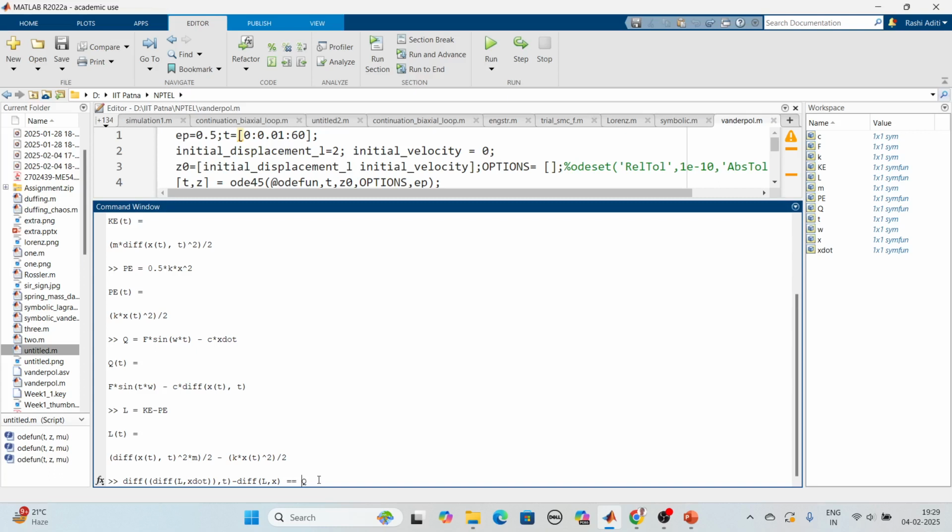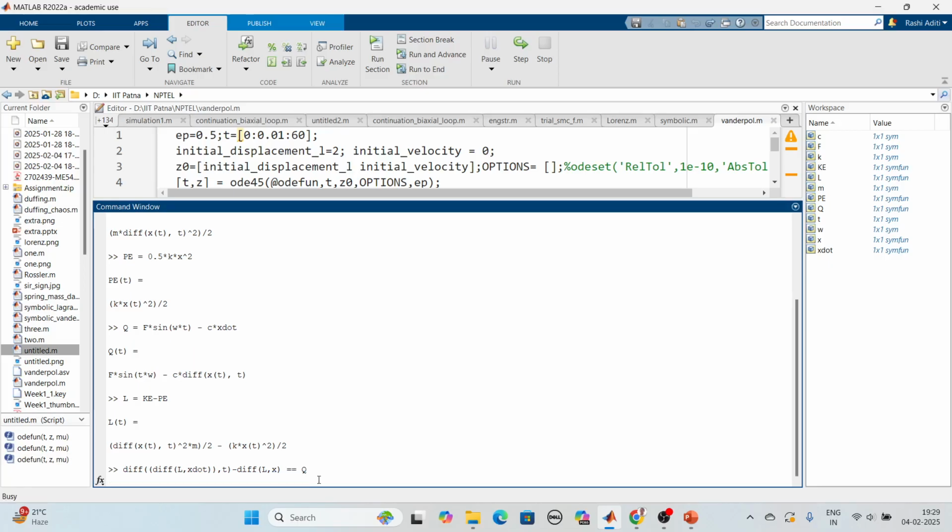That means the LHS value is equal to the RHS value. In order to specify that to this software, we need to use double equal to. Here we are making the LHS equal to the RHS, and that is why we are using double equal to, and we'll do enter.